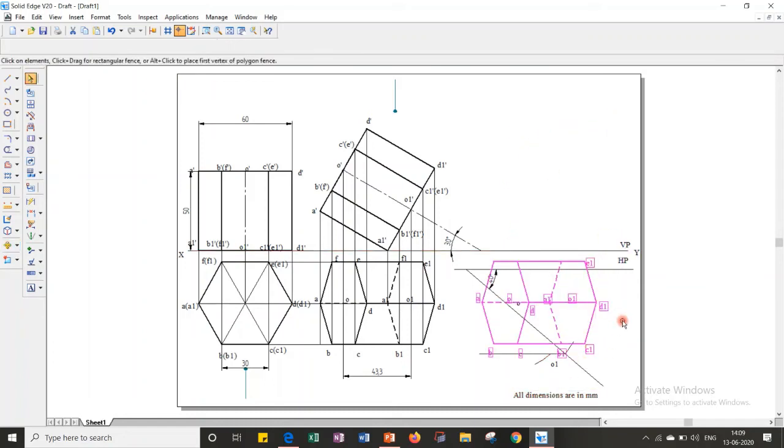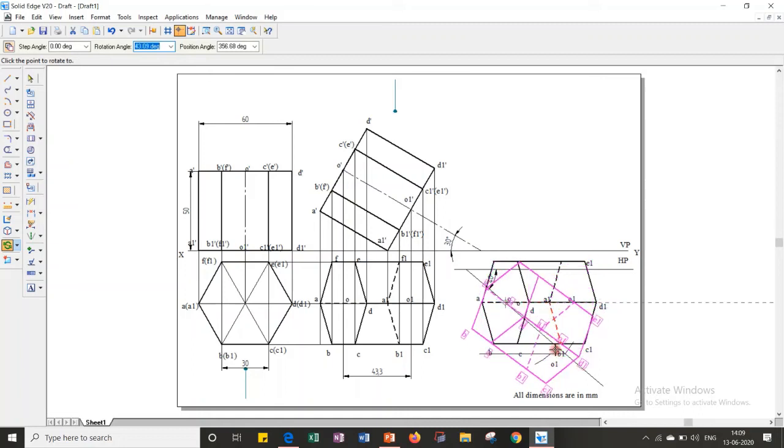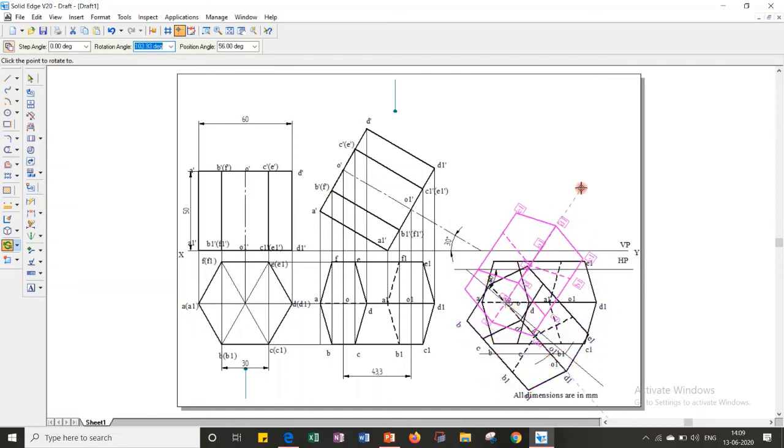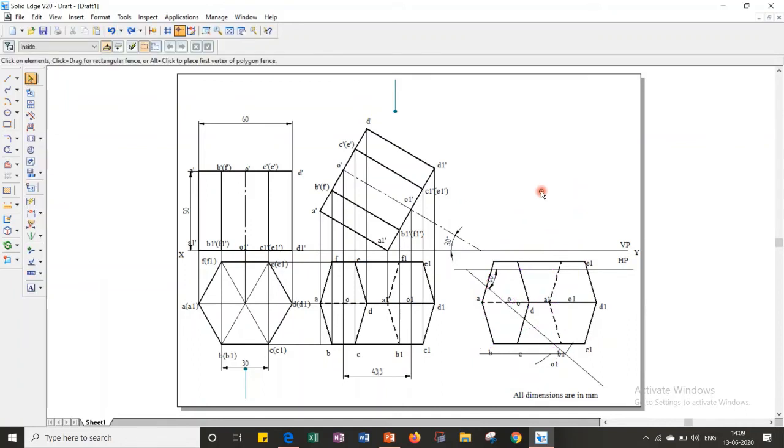Then rotate this object. While rotating, this point will be fixed and O1 should be located here. Rotate without copy.